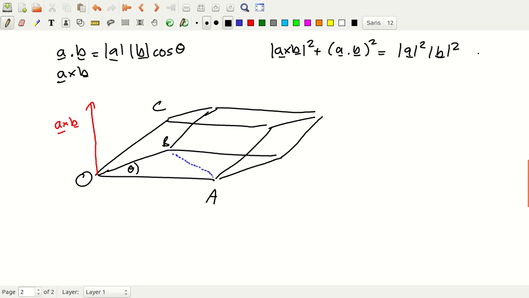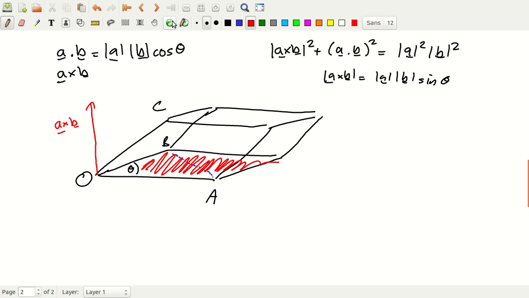So you check this by coordinates, and that allows you to discover that mod of A cross B is mod A mod B sine theta, which we knew before anyway. And this has a pleasant interpretation because it shows that the length of A cross B is the area of this parallelogram spanned by A and B.